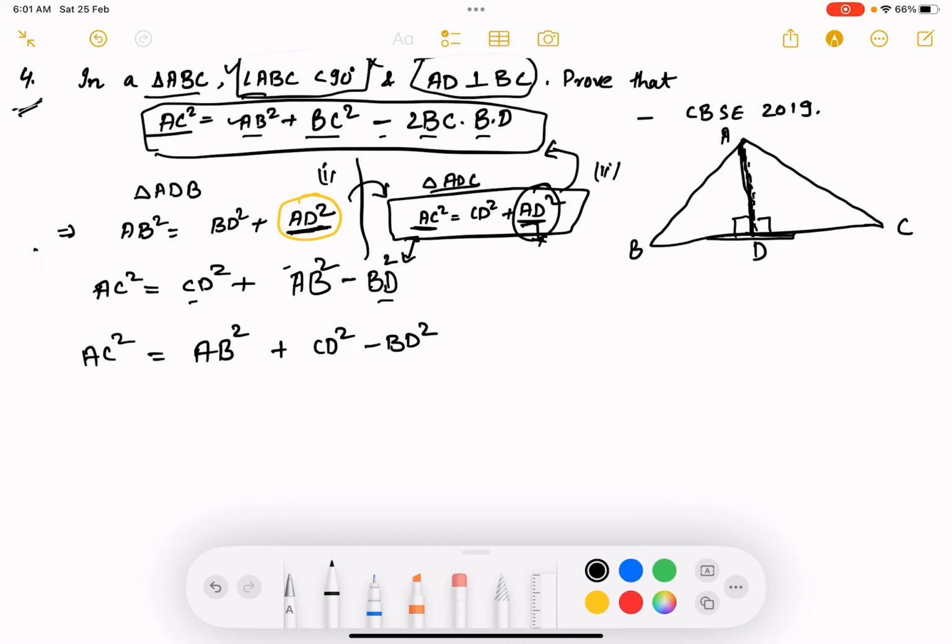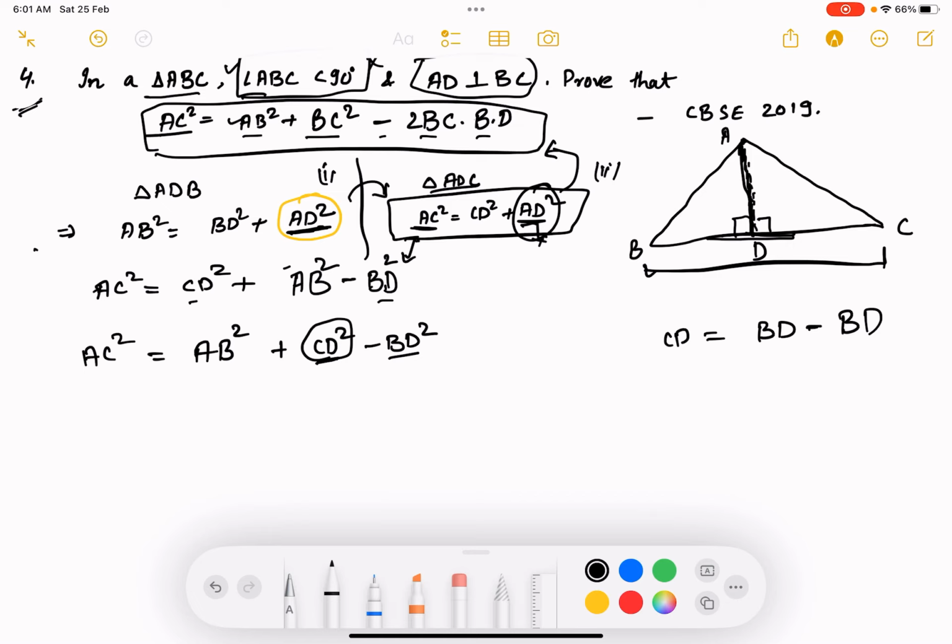We want BC in our final term, with BD and BC, so let's eliminate this CD also. From the diagram we can see that CD is equal to BC minus BD.